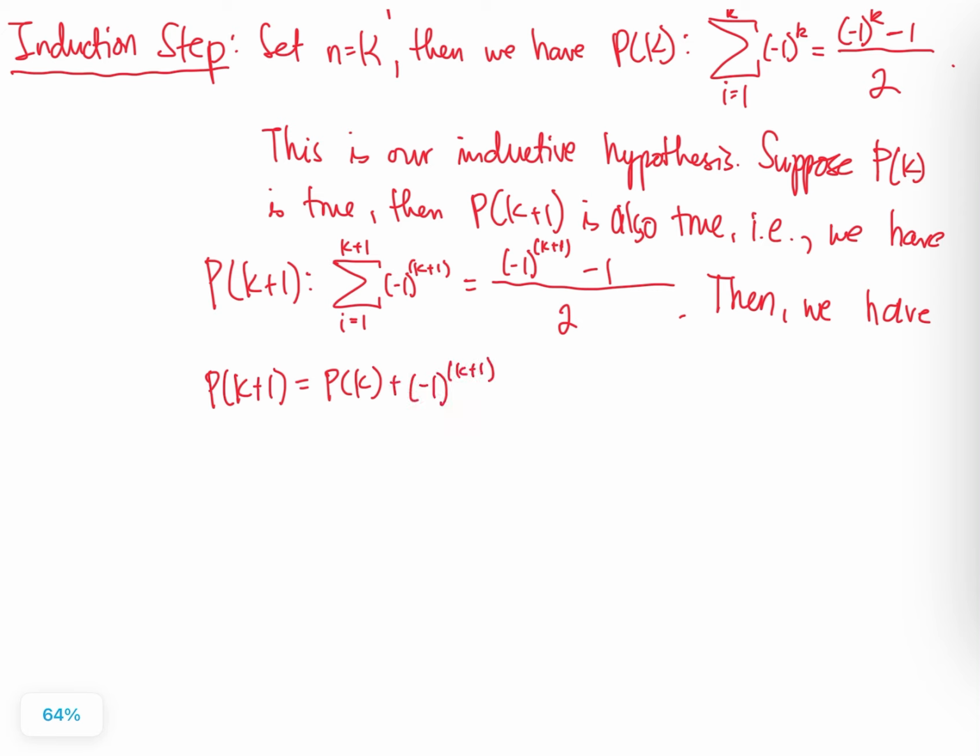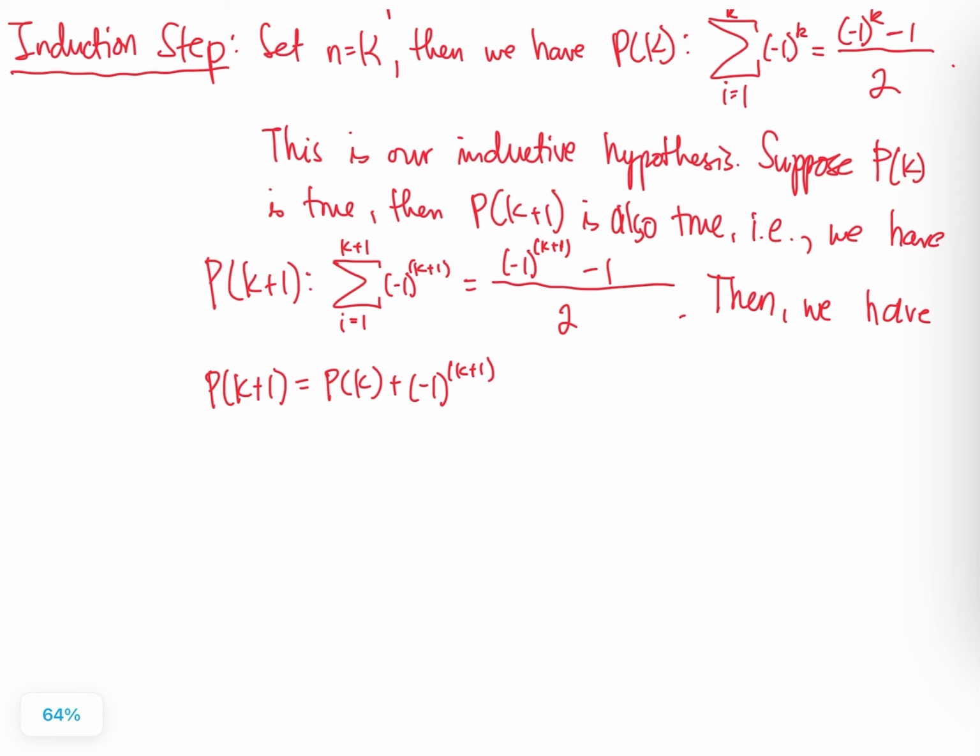In this part, I am showing that p of k plus 1 is simply p of k, that's our inductive hypothesis, plus the next term in this series of sums. So that will be true.